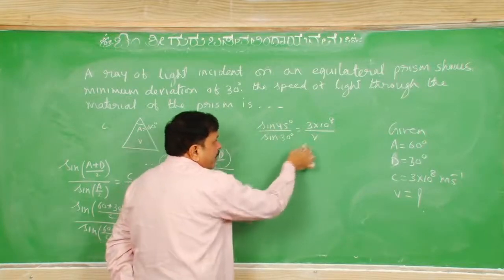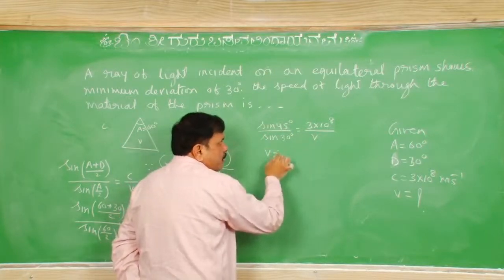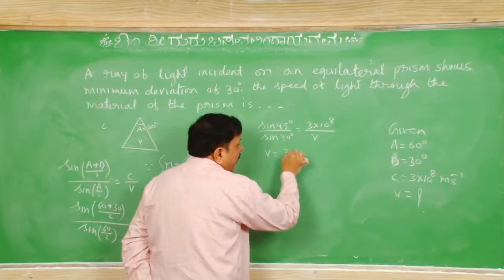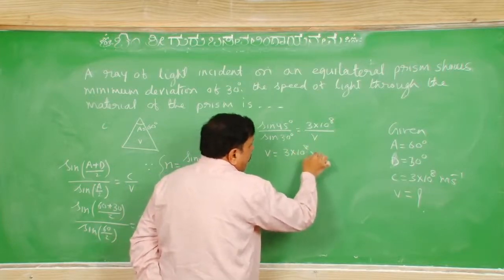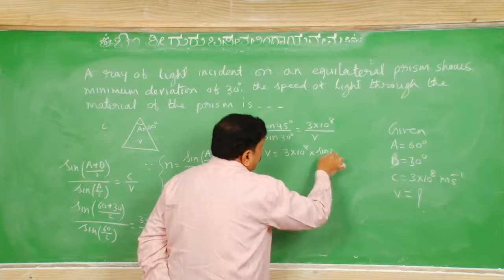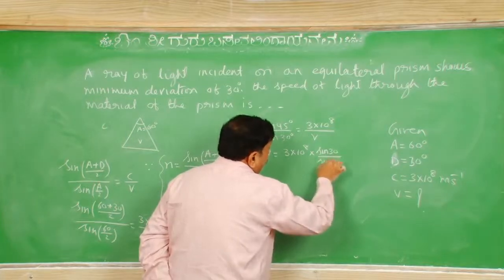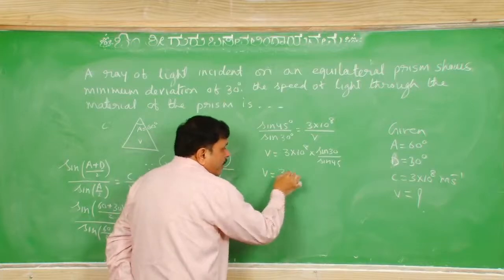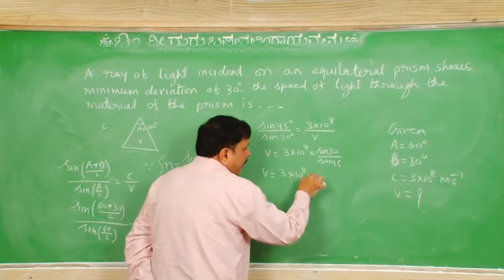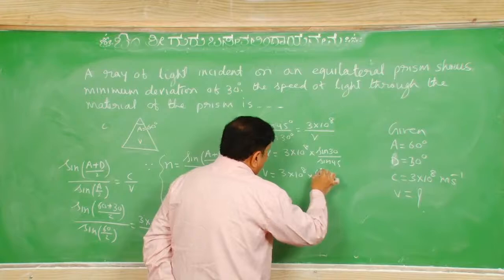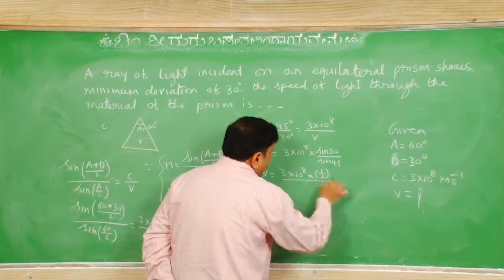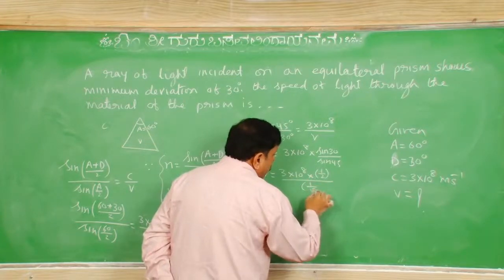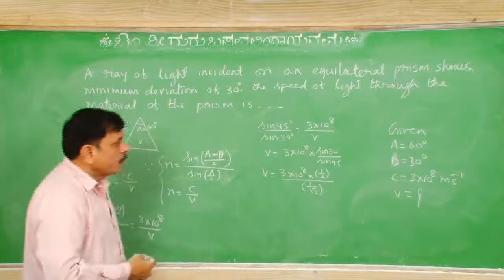Now we will take this one here, means cross multiply. So we get V equal to 3 × 10 power 8 into sine 30 divided by sine 45. Sine 30 is 1 by 2, and sine 45 is 1 by root 2.